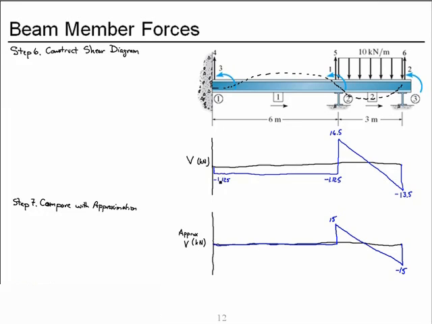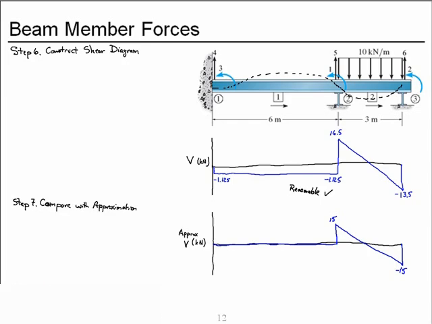And that's what we obtained. The shape is identical, and the magnitudes are relatively close. So I conclude that our shear diagram, constructed from our internal force results from the stiffness method, is reasonable.